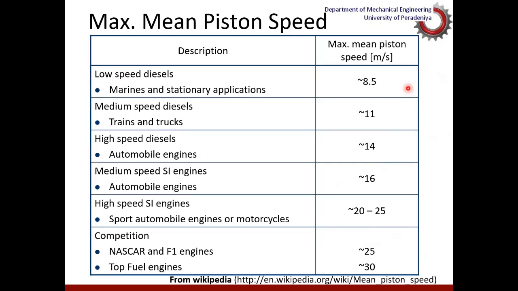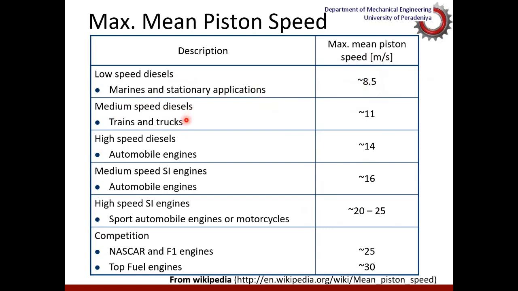This table indicates the maximum mean piston speed values in meters a second for different types of engines, which is, of course, available at Wikipedia. For low-speed diesel engines, the marine engines and stationary engines, like engines we use for power generation, the maximum mean piston speed is around 8.5 meters a second.